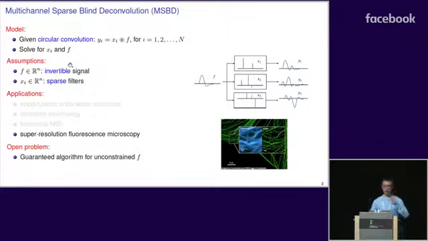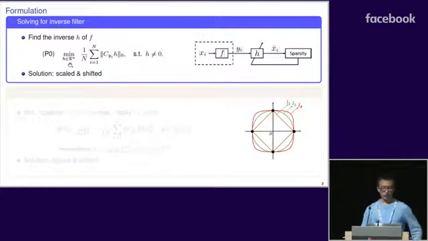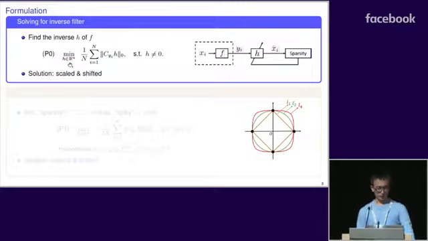Basically, given a bunch of Yi's, we need to recover both F and Xi's. Despite the previous efforts in solving this problem, a guaranteed algorithm for essentially unconstrained F is still an open problem. Today we're going to present a new solution.